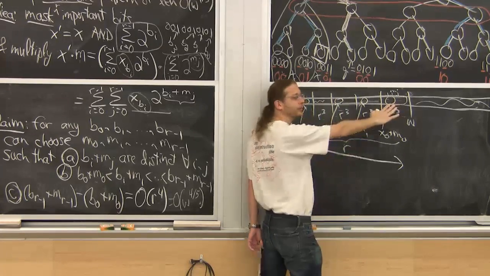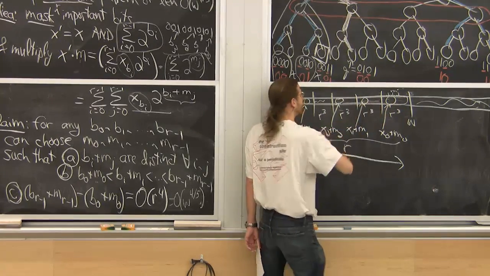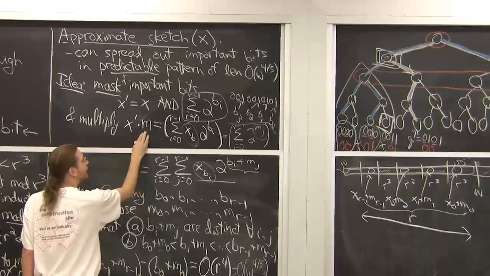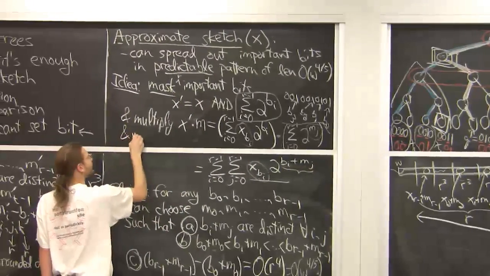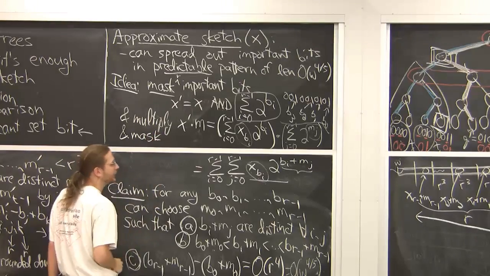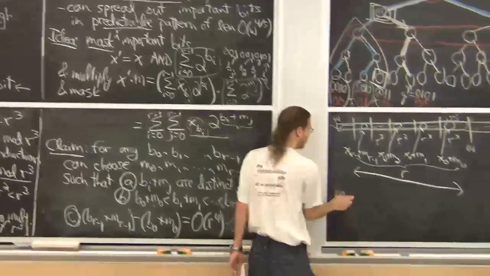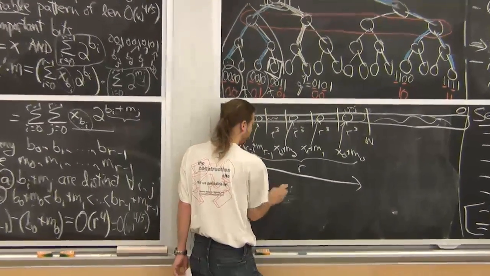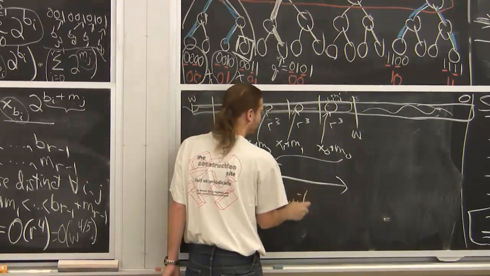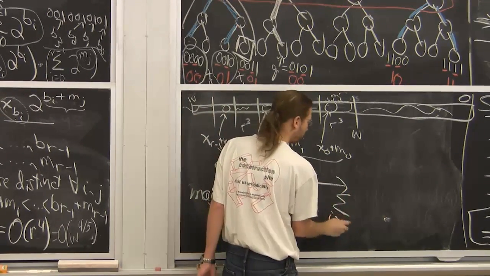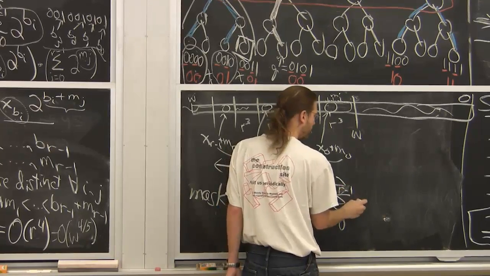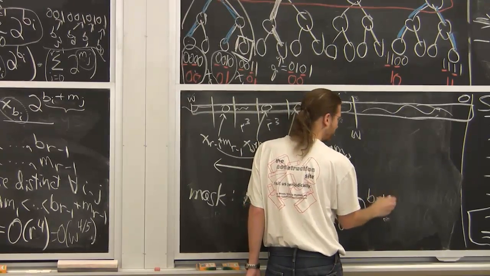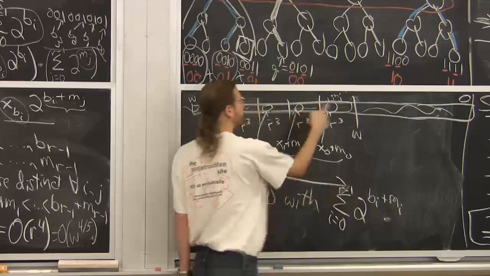And so if I just mask out those bits, again, I have to do another mask. I did one mask here, I did a multiplication, and then I have to do another mask. So why don't I write it over here? We mask, we AND, with the sum for i equals 0 to r minus 1 of 2 to the bi plus mi. Those are these circled bits.